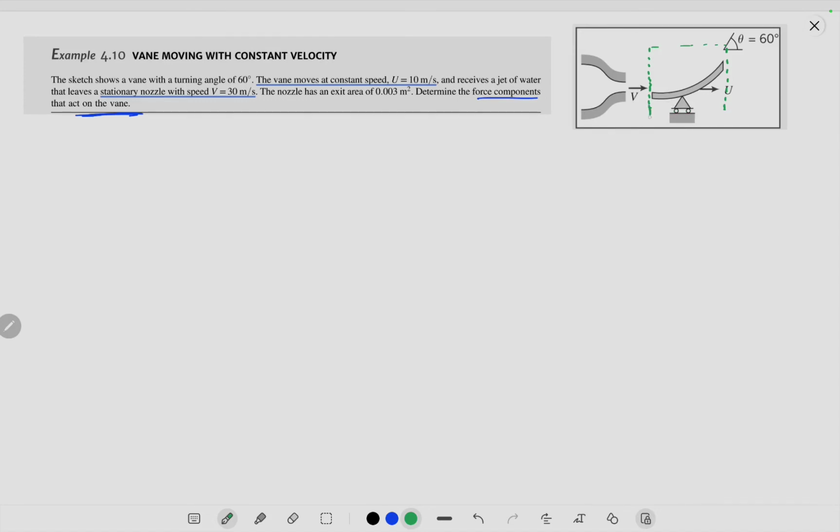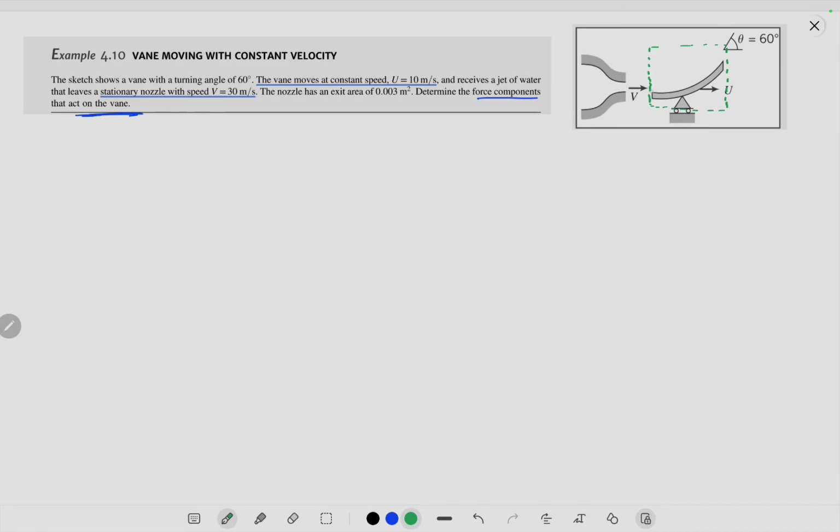I cannot take the control volume like this because then this ground is not moving with velocity u. So I have to consider the control volume like this. You can see here that as the vane is also moving, the control volume is also moving with constant speed u.